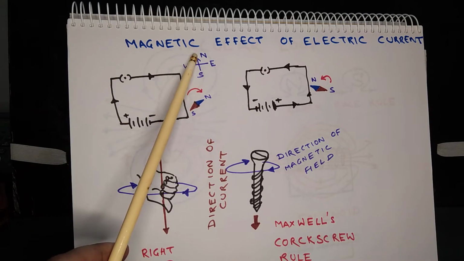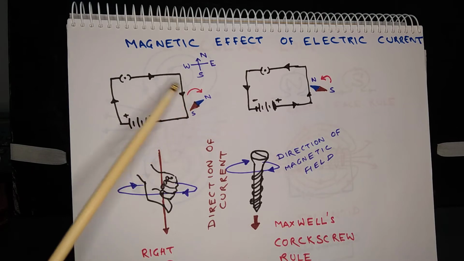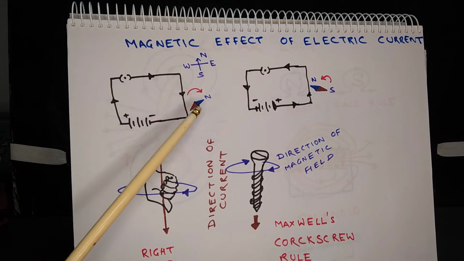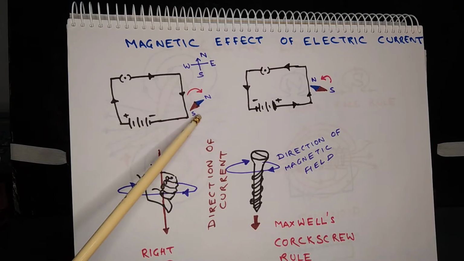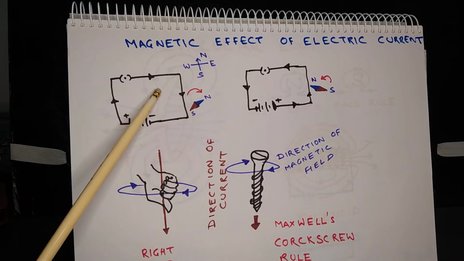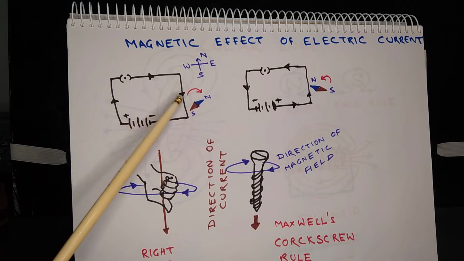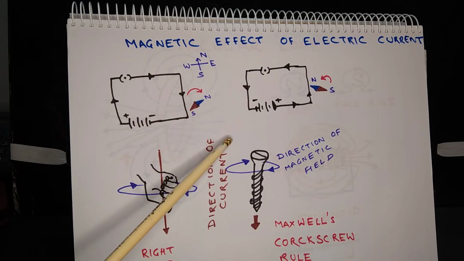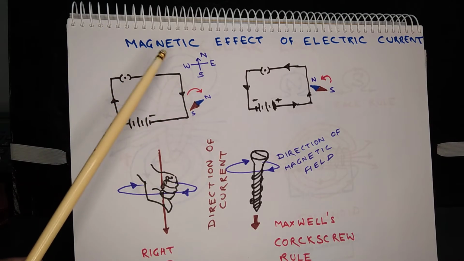If this is north, this is south, this is east and west, then in this wire the current is flowing from north to south. And what happens because of this? There is a deflection in the compass because of the magnetic field generated by the current carrying conductor, and the deflection is towards the east.